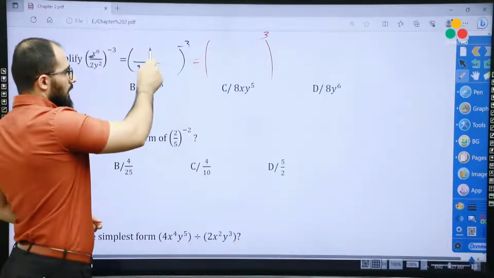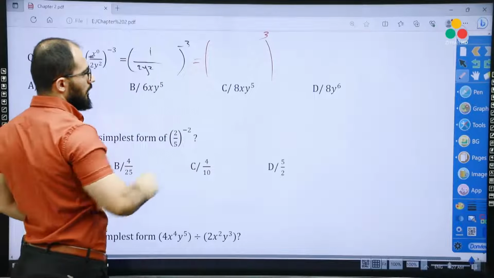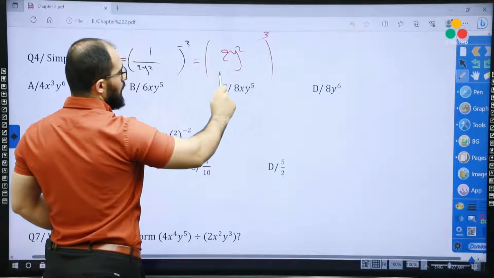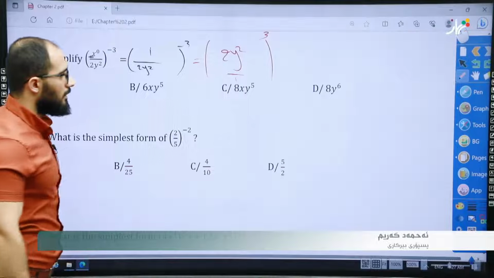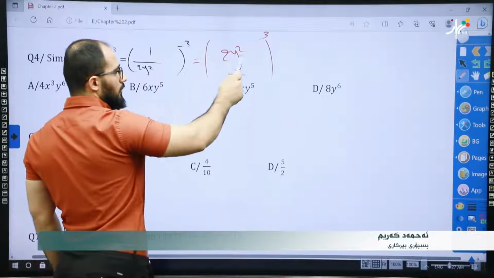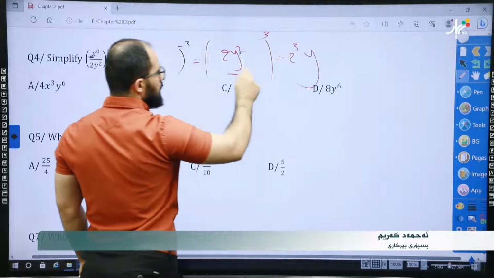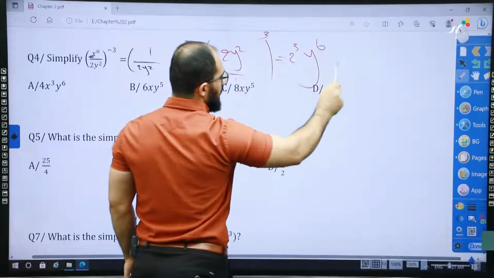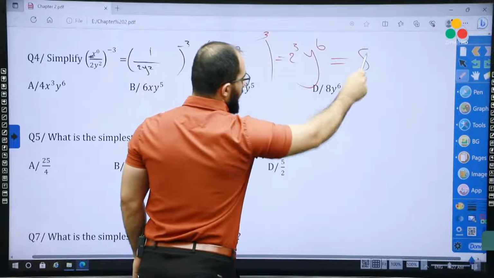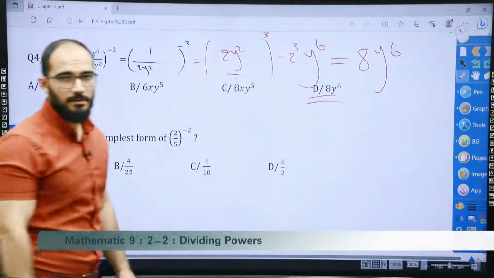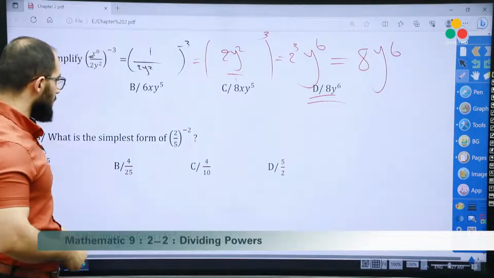We have 1 over 2y squared, it's going to be 2y squared over 1. Then give 3 to 2, and also for y, it's going to be 2 power 3. Y, 2 times 3 is going to be 6, and the final result is 8y power 6. The answer is D.